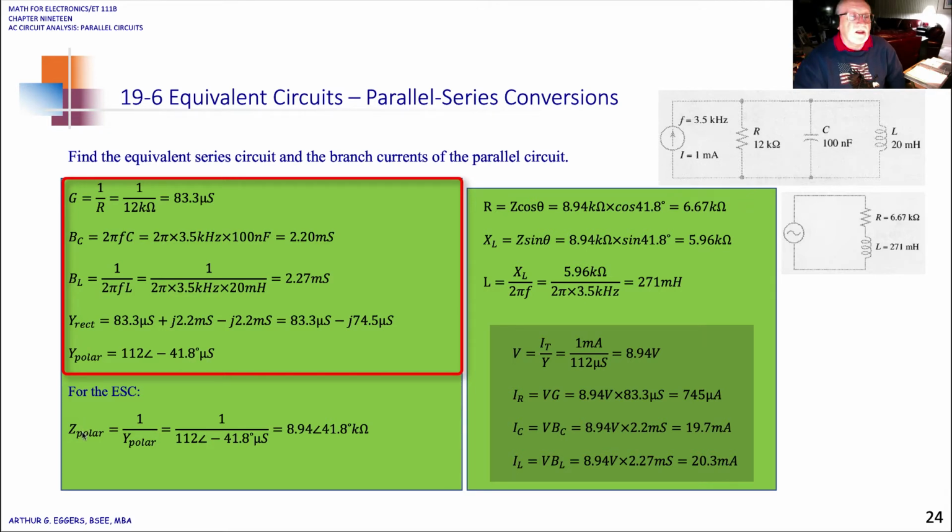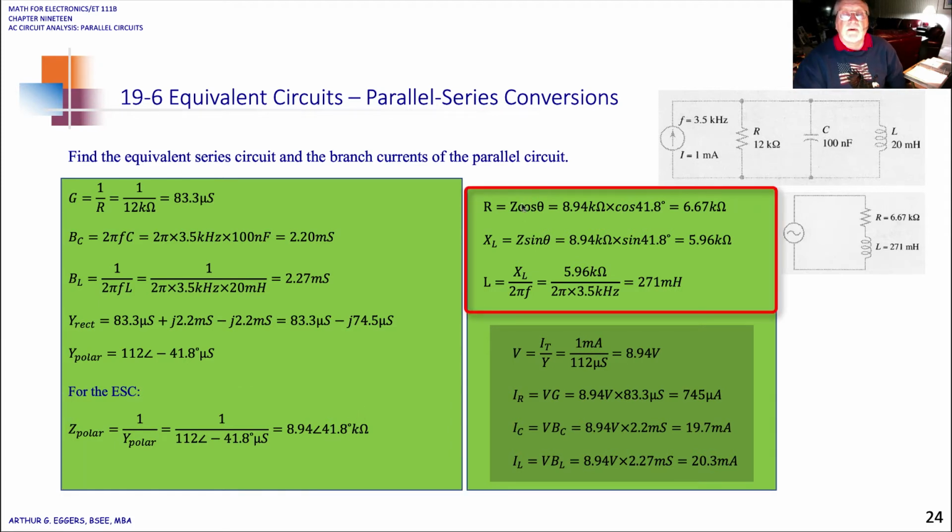To get the polar form of our impedance, we take that value and do the inverse. 112 at an angle of minus 41.8 gives us 8.94 at an angle of 41.8. Change the sign.